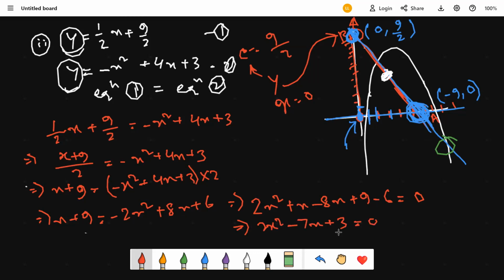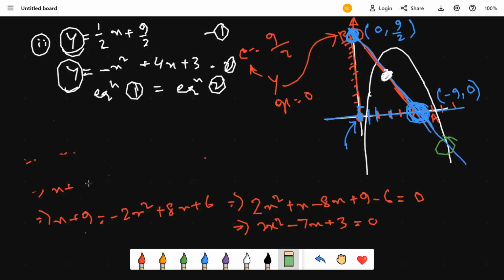Okay. Now if we just do some simultaneous equation, we should be able to solve them out and get the value. So the simultaneous should be 2x square, and this minus 7x. In this case, 2 times 3 is what? 6.